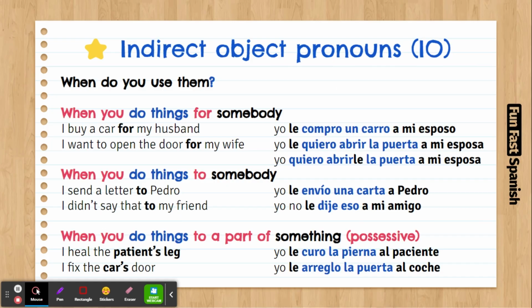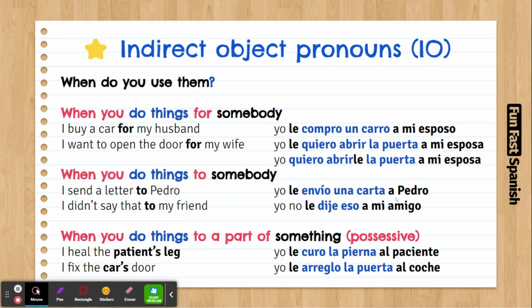So when do you use the indirect object pronoun? As we said before, normally it's when you have two objects: a thing and a person, somebody. For example, when you do things for somebody or to somebody.